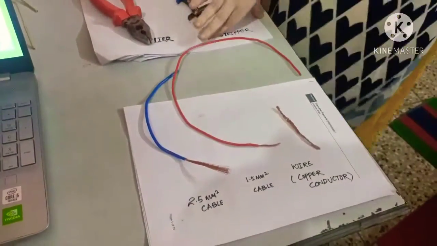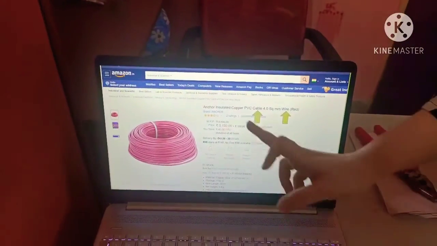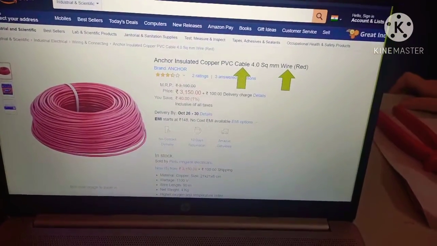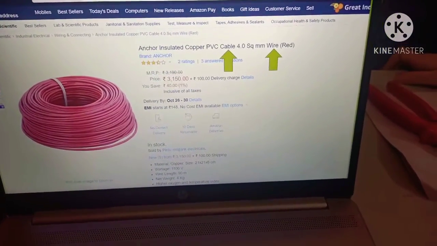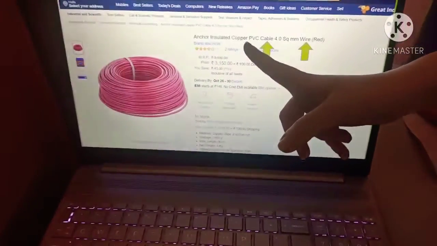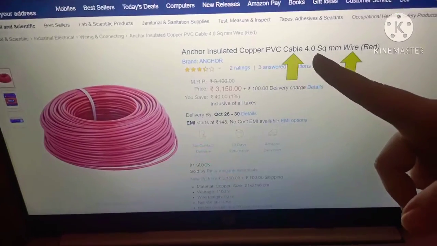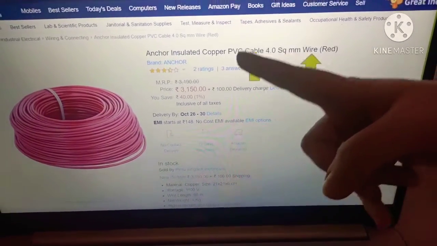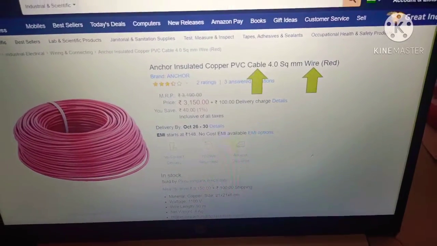Let me go to the slide and show you an example. While buying a cable, you go to a site and here you can see it is written insulated copper PVC cable 4 square mm wire. It is written as cable as well as wire, so you must be confused.